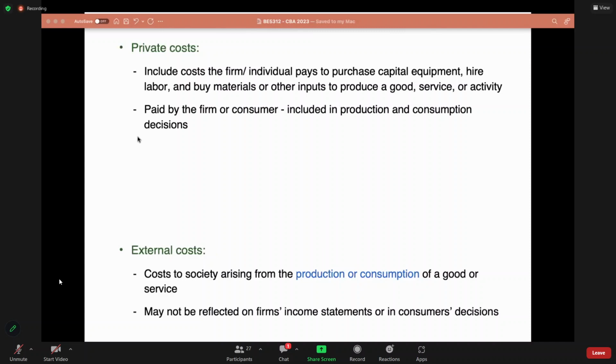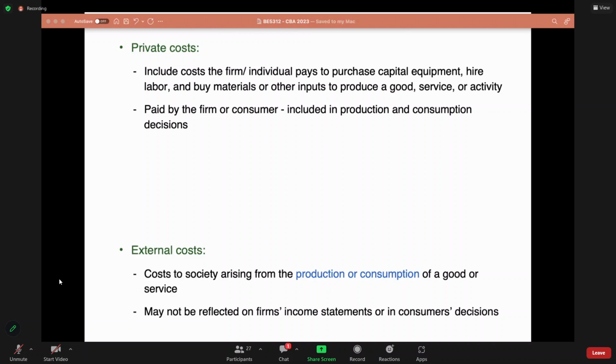Right? So private costs will only include the costs that a firm or an individual will have to pay when purchasing equipment, hiring labor, buying materials or other inputs, when producing a good, service or activity.